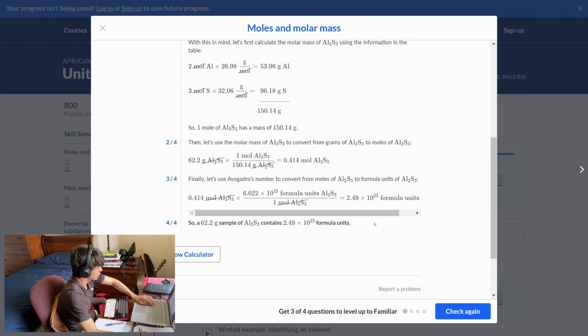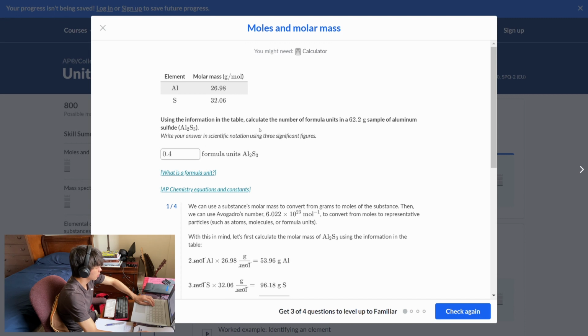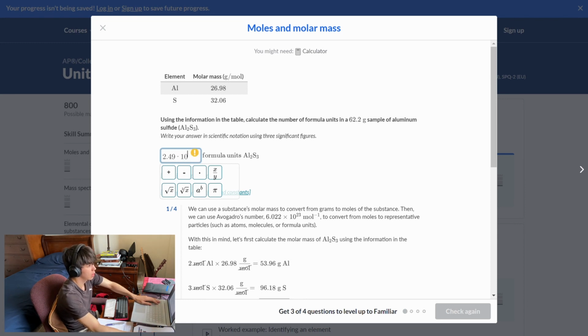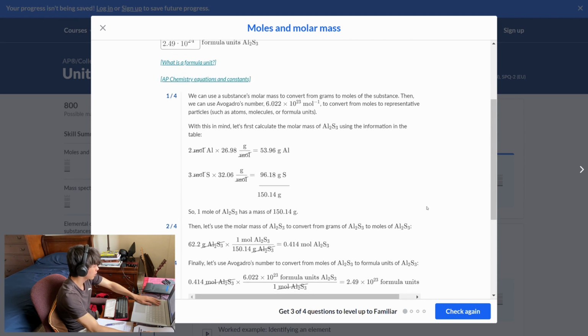So we got 1, 2, 3 significant figures. I'm basically just looking at the answer, but I did get the right answer. 10 to the power of 3 times 1, 2, 3, 4, 5, 6, 7, 8, which is 24. What? That's what it says. 23.